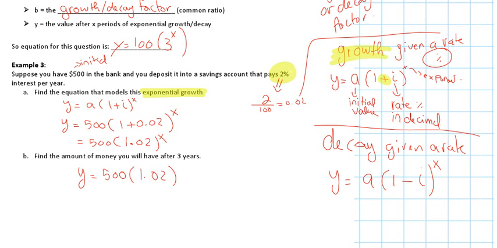And BEDMAS says I have to do what first? The exponent first. So I have to do 1.02 to the power of 3 first on the calculator, and then I have to multiply by 500. What do you get when you do that? .60.